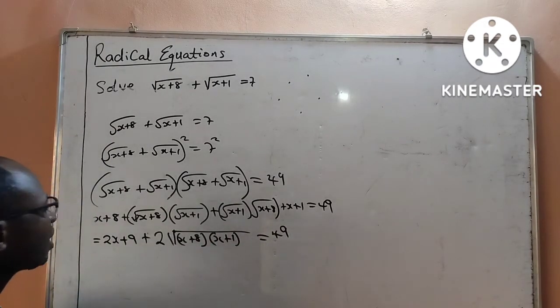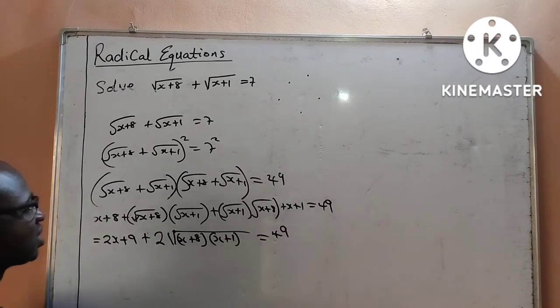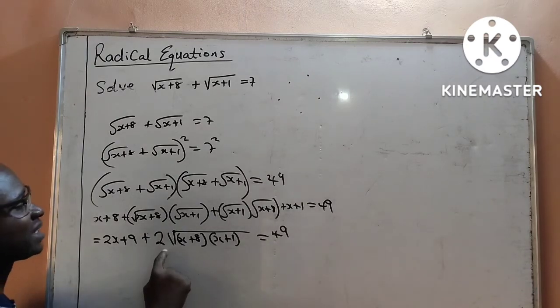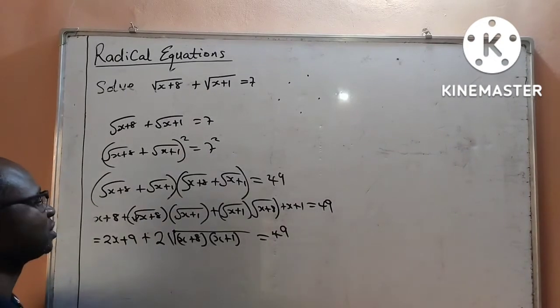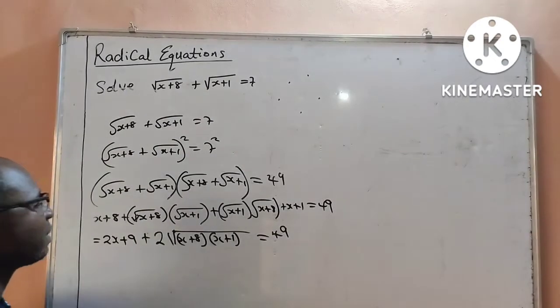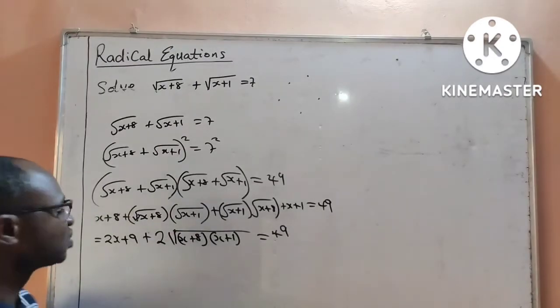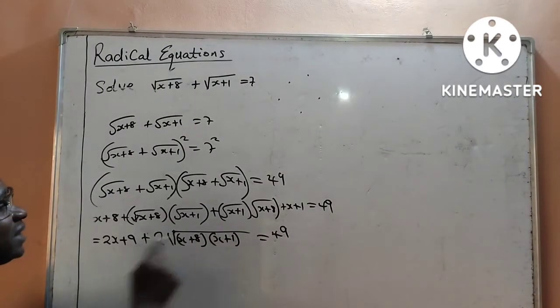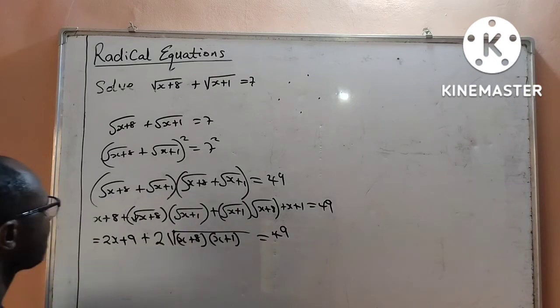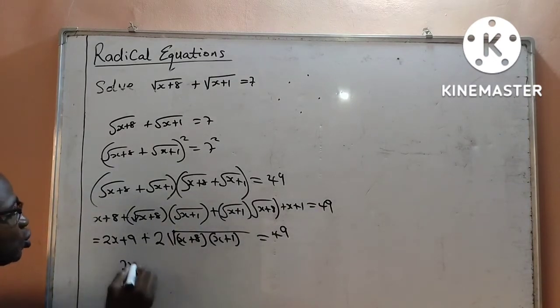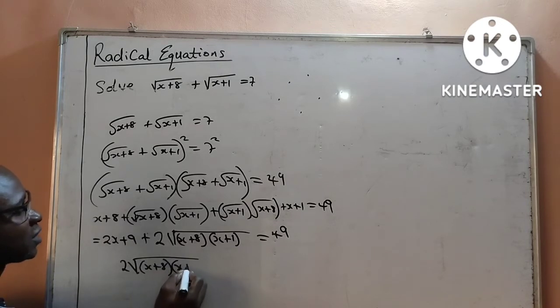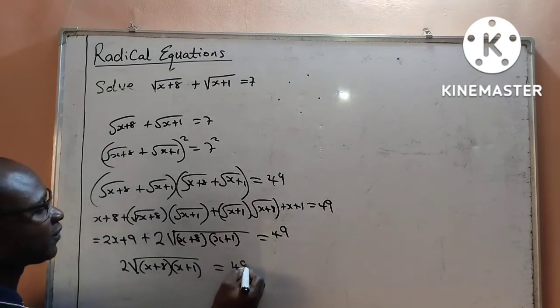We move on. The next step I will take now is I want to make the radicand the subject of the formula. That is, I want it to be left alone on the left hand side. That means I am going to move 2x+9 to the right hand side. And when that happens, I will have 2√((x+8)(x+1)), everything now will be 49.